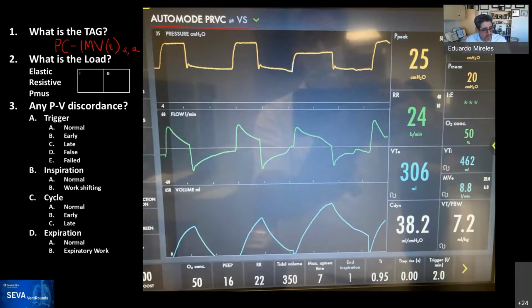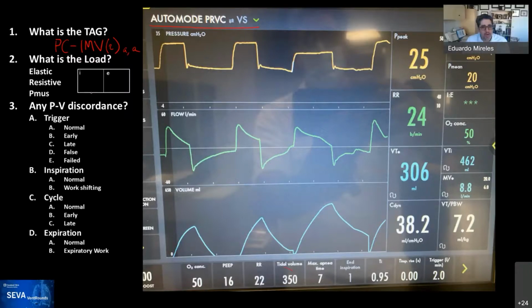And it's adaptive because we have a target tidal volume, and the ventilator is going to adapt the pressure to achieve the set tidal volume that you're trying to achieve. So that's the target. Rob, any comments? That's it. That is the correct classification.